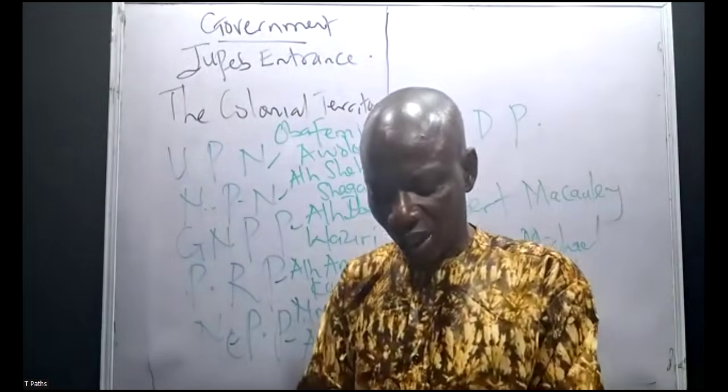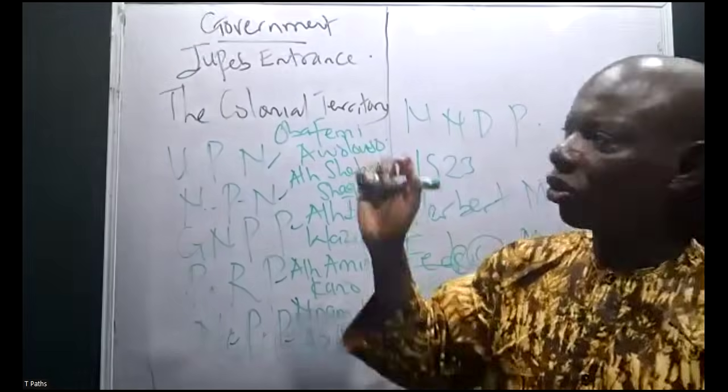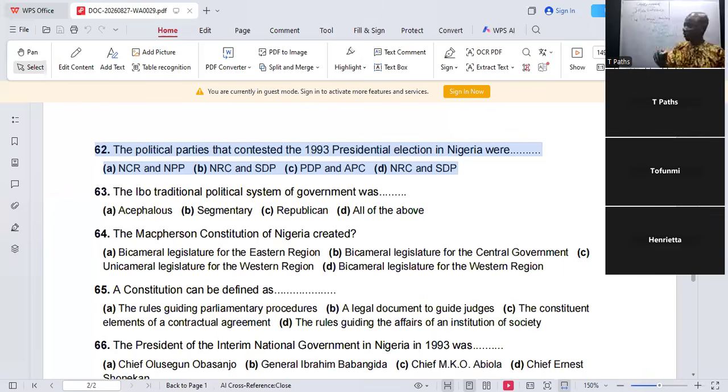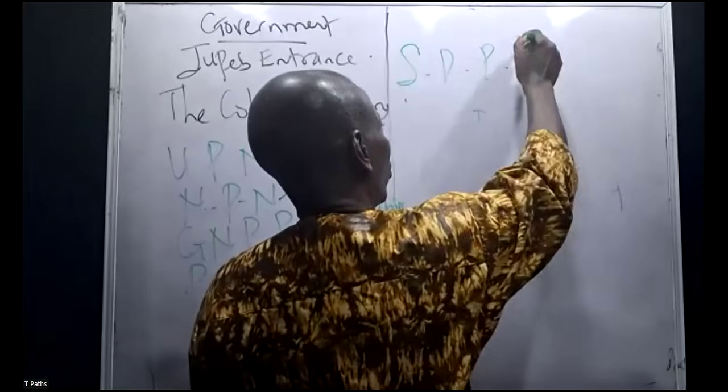Now, if you look at this question, it was in what? The Truncated Third Republic. That was in 1989 to 1993. And we have 2 political parties then. We have SDP and NRC. SDP, Social Democratic Party. The presidential candidate was what?